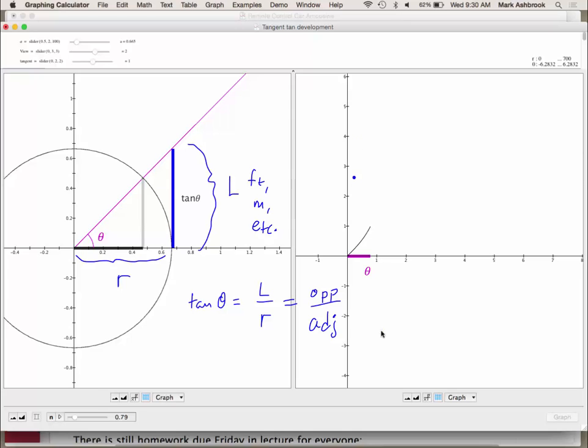So now we can use sine, cosine, and tangent to work on triangles, preserving the meanings: opposite over hypotenuse, adjacent over hypotenuse.